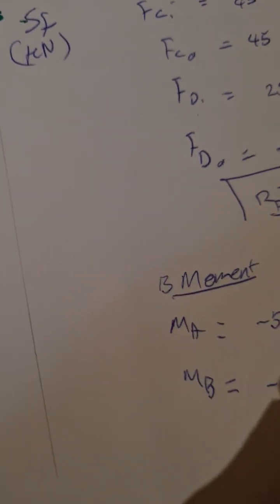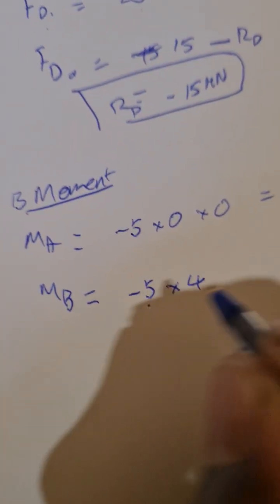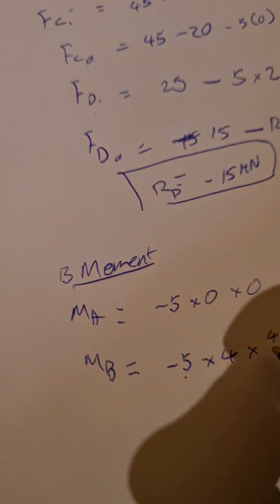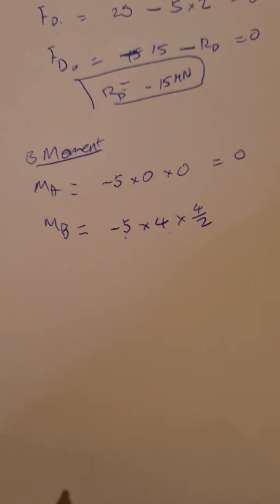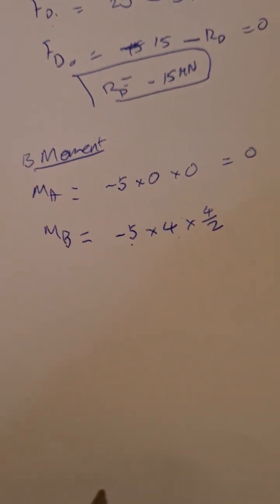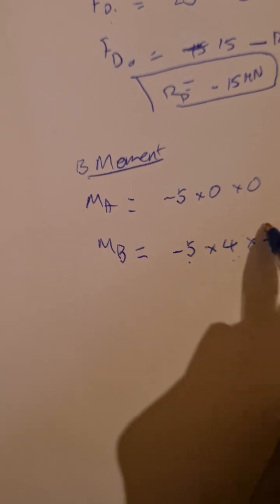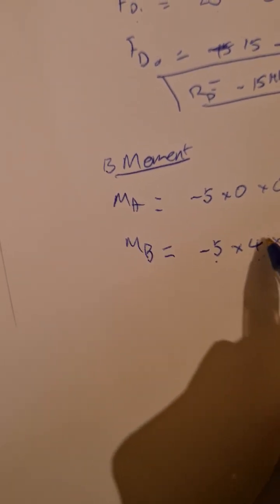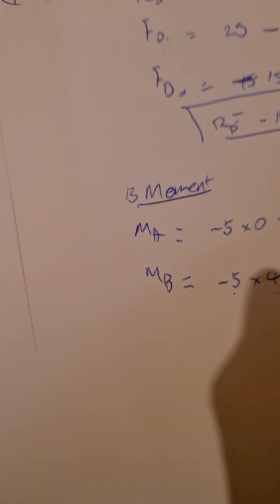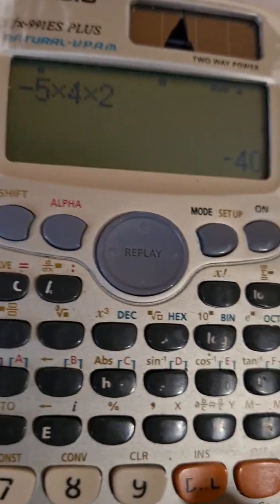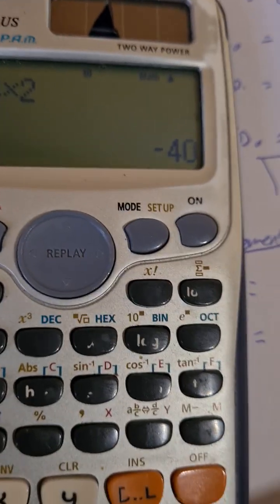So this is a UDL times the distance between A and B times always half of that distance. The UDL is always going to be this: the total distance times half of that distance where the UDL lies, which is equal to minus 4 times 4 times 2, minus 40.